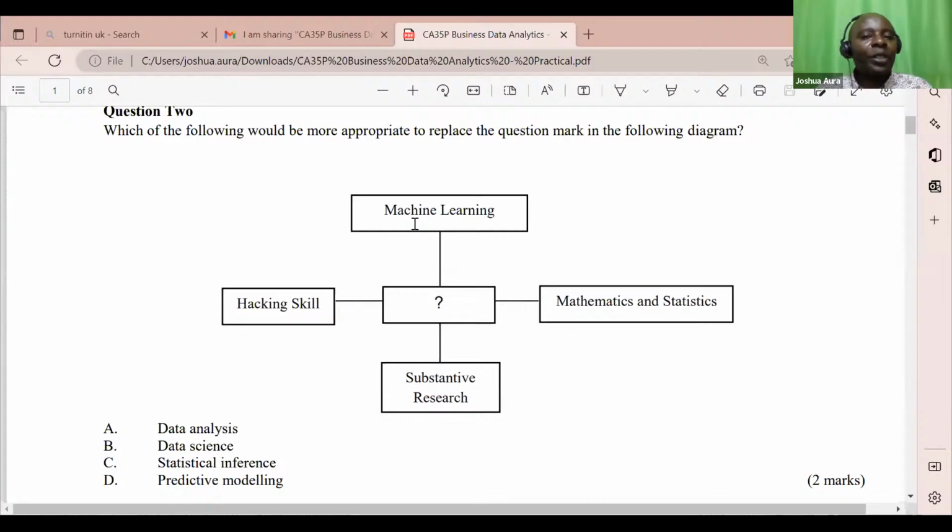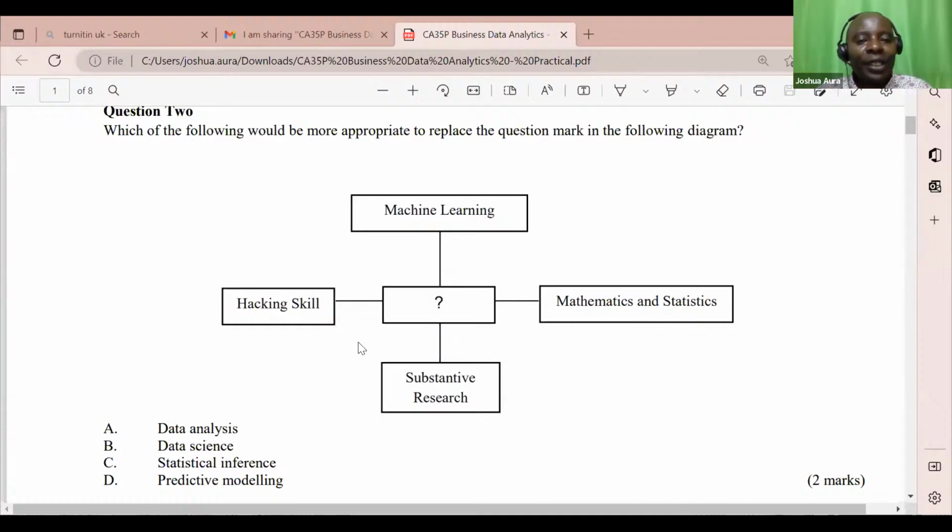Once we bring out the data that we need using this machine learning, with substantive research we shall be able to keep on getting more data, because we're talking of big data. And of course, we shall be able to understand this and change this data to information. Now we are making use of statistics.